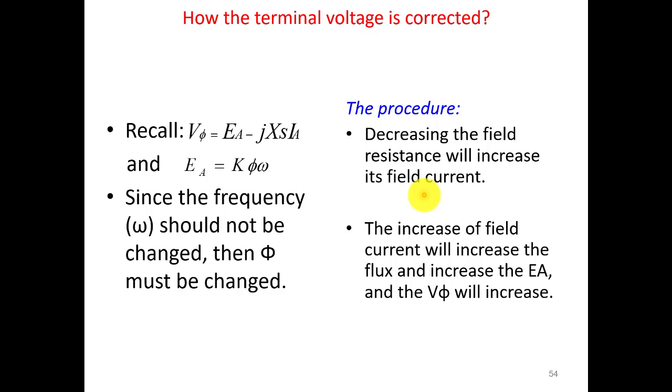Since the frequency omega should not be changed, the flux must be changed. So the increase of field current will increase the flux and increase the EA, and the V phase will increase, such that we have a constant voltage at the output.